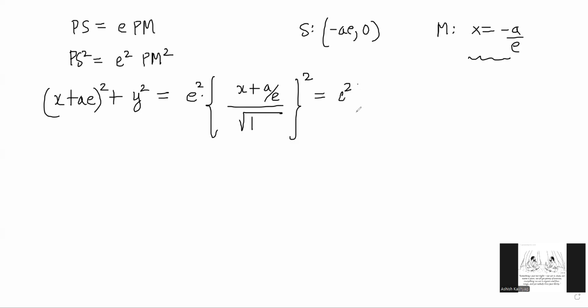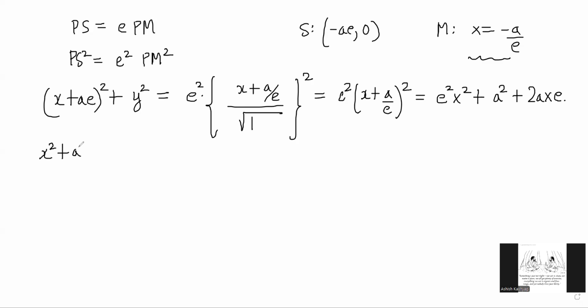So this becomes E square (X plus A by E) whole square on the right hand side, which is E square X square plus A square plus 2AXE. On the left hand side, we have x square plus a square e square plus y square plus 2axe.